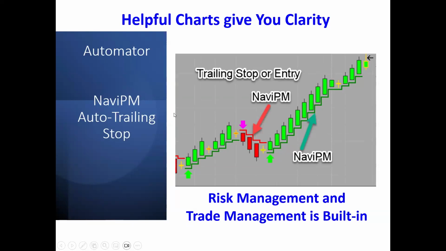We also have an indicator called the Automator. It puts the actual signals on the chart. And the Navi PM indicator puts the green indicator under the price bars and the red indicator above the red bars. That can be used as a trailing stop. It's also an indication of direction.